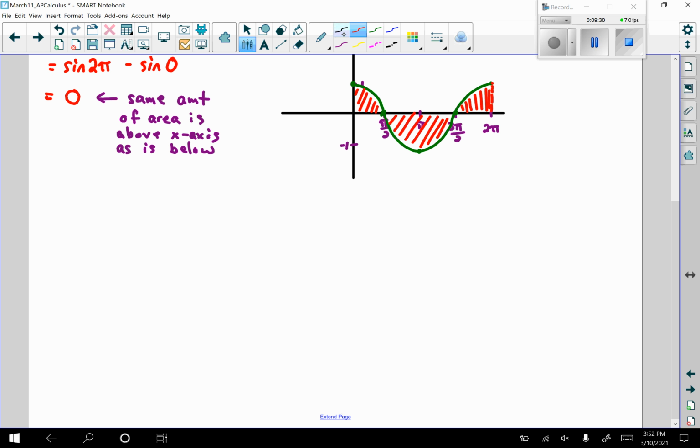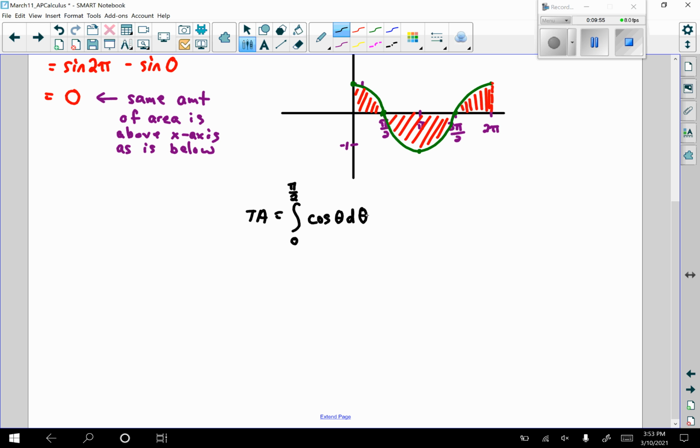So if we want to find total area, I'm going to abbreviate this as TA, we need to create an integral for each portion of what's shaded here. So our first integral is just going to be from 0 to pi over 2 of cosine theta d theta.